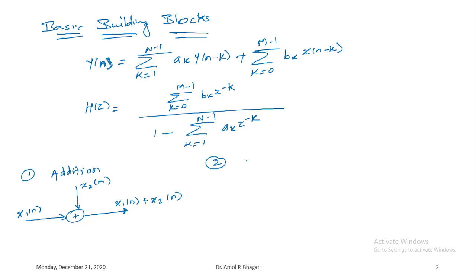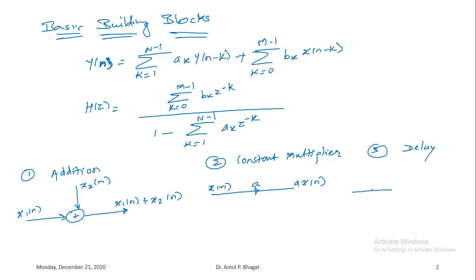Second is for multiplication, that is nothing but the constant multiplier. Right. So it will simply multiply the given signal x of n with a constant, small a, just for example. Its output will be a into x of n. And the third one is the unit delay or delay element.